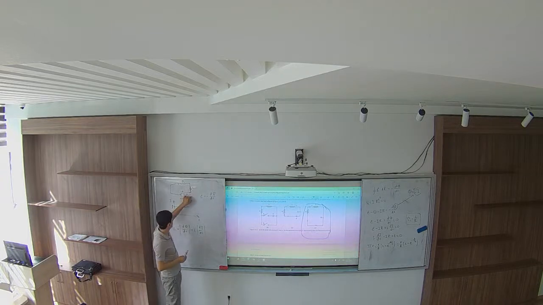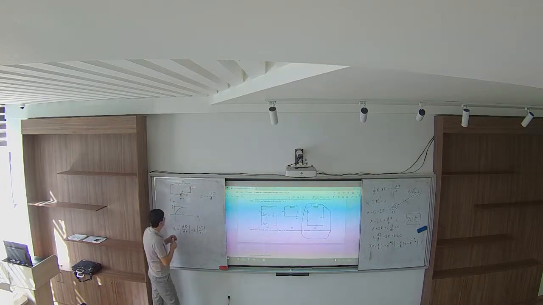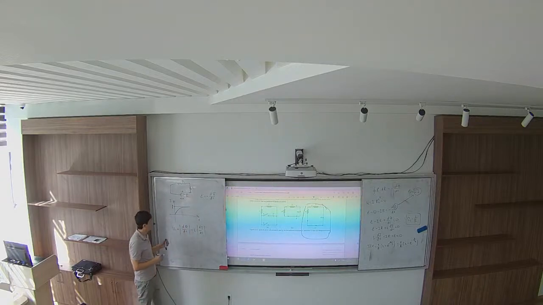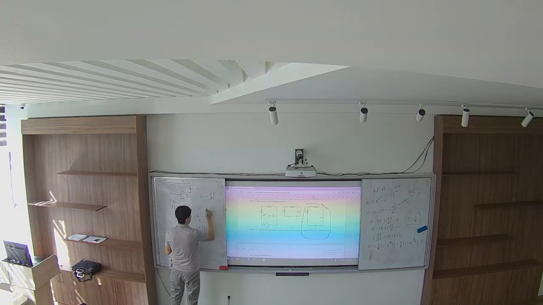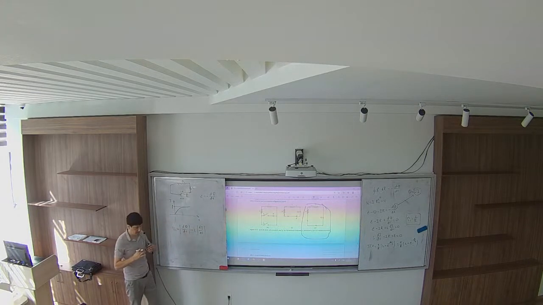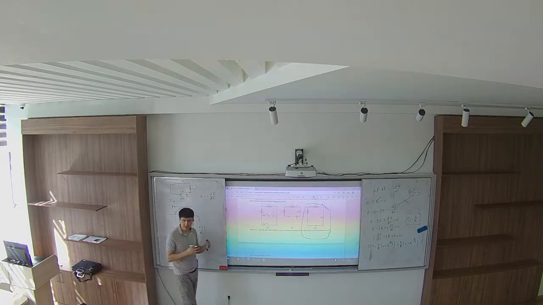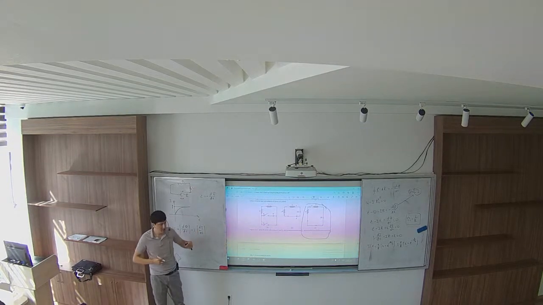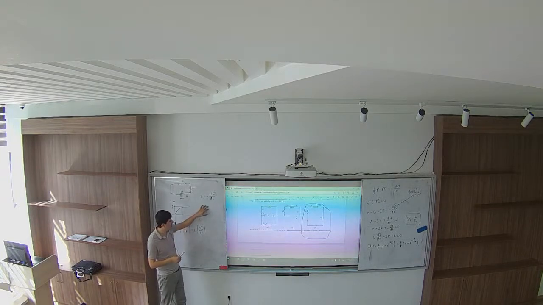Here is current, so it fights against the current of the power supply. This is why we can see it producing the induced EMF. But after some time, this reaches 0.